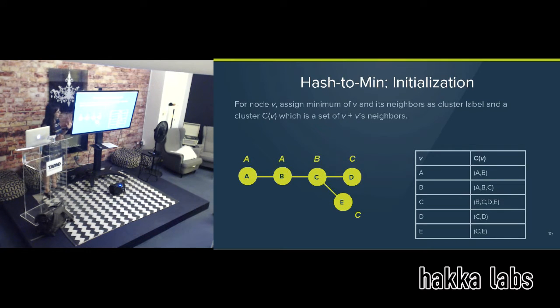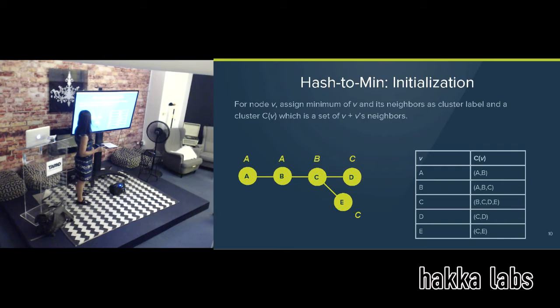So when you initialize, essentially, you have the same kind of setup. You have these nodes, and they have their labels. And in the first pass, for every node V, you assign the minimum of V and its nearest neighbors as its current cluster label, and you also define a cluster C of V, which is at the time just the set of itself and its neighbors.